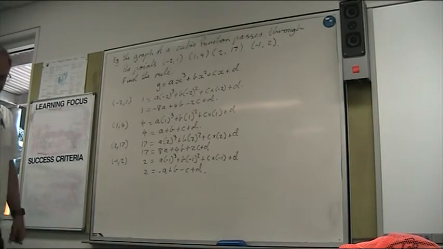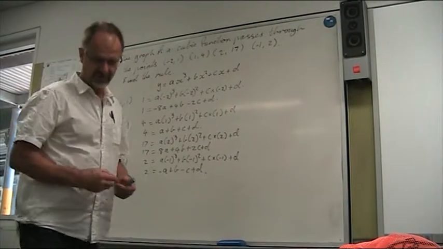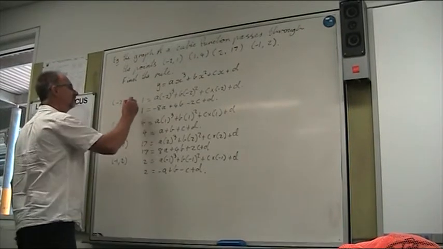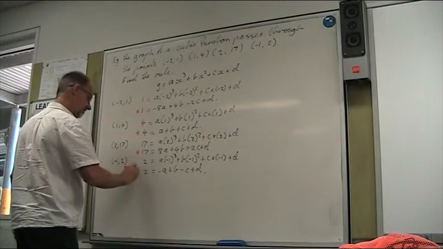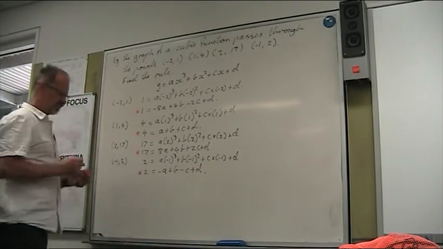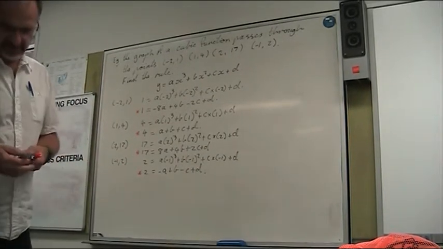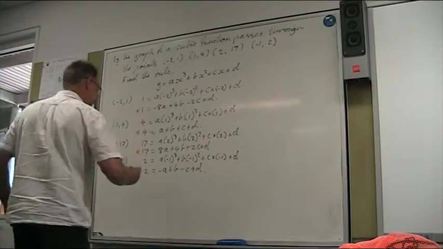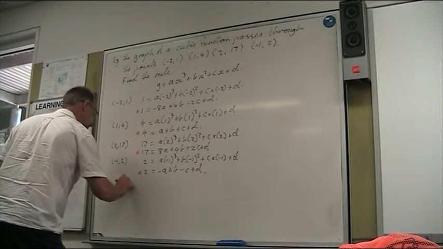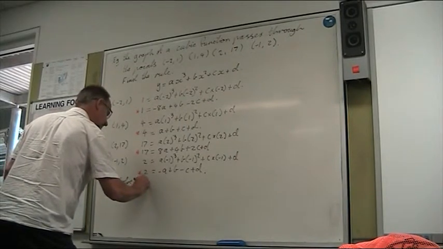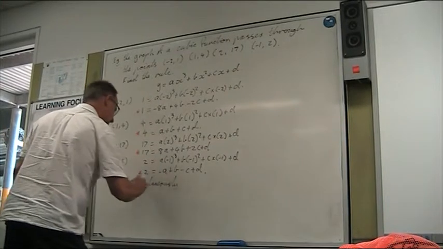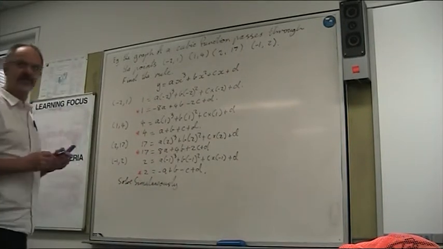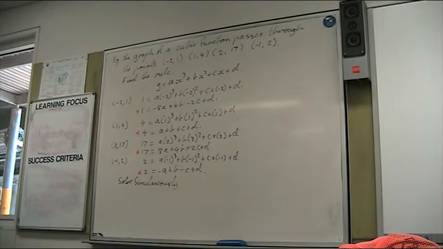So now we've got 4 equations. What do we do with them? Calculator exactly. Those 4 equations, solve them simultaneously. Seeing as there's 4 equations, just tap on your simultaneous equation solver.